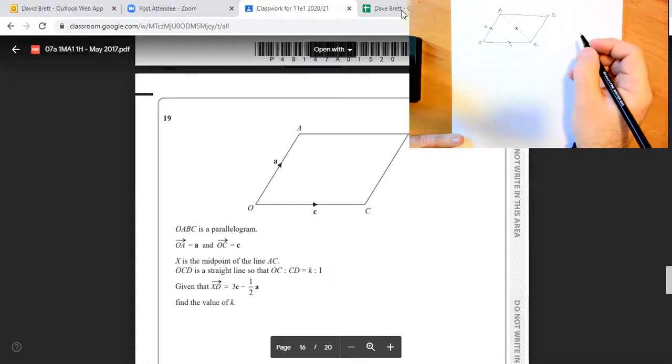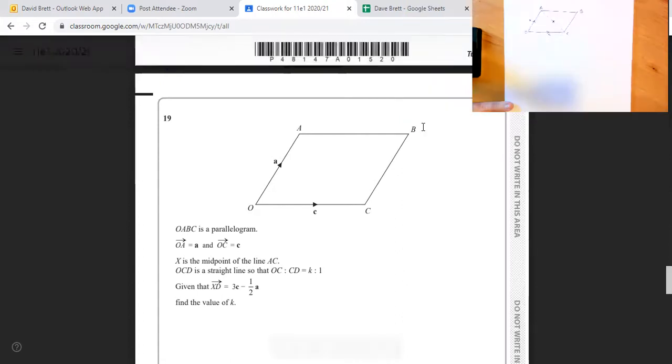Okay, OCD is on a straight line such that OC to OD is K to 1. Okay, so D's out here somewhere.